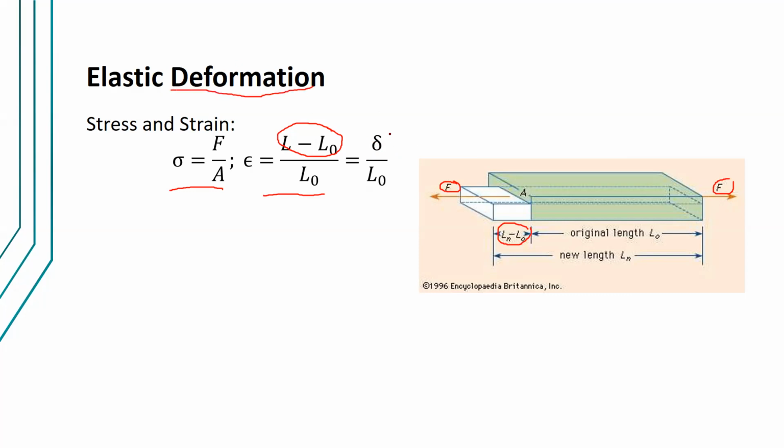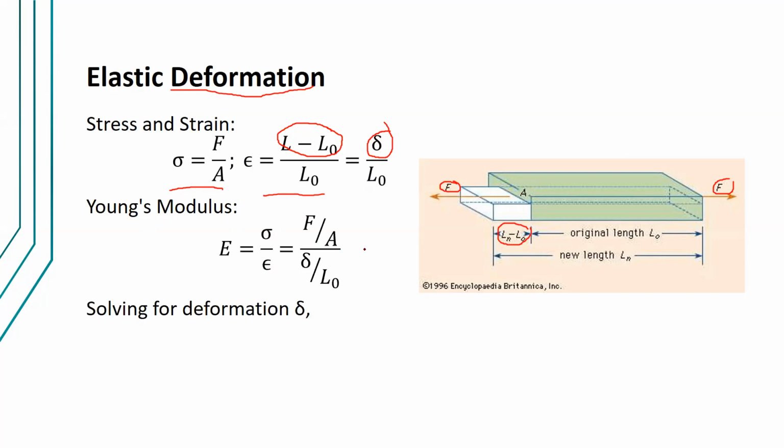Now if we want to compute for delta using some other properties, again, remember that Young's modulus is stress over strain. Substitute the expression for stress, F over A, and for strain, delta over L0. Therefore, if you want to solve for the deformation, you will arrive at this expression, which is very important in this subject.